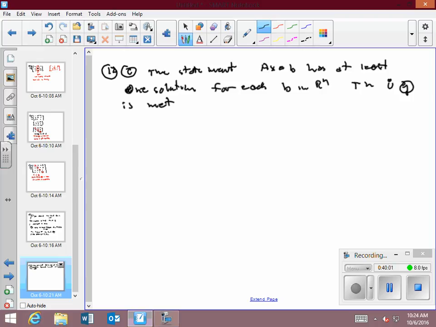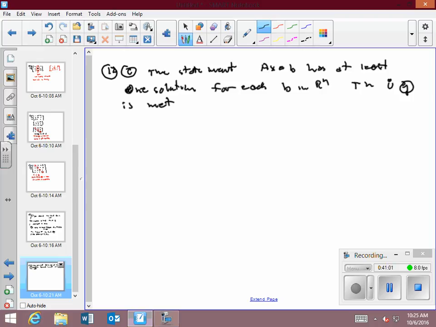Okay, what we have to do then is show that the solution is unique for each B. There's a theorem 5, section 2.2, that says if A is an invertible n-by-n matrix, then for each B in R^n, the equation AX equals B has a unique solution.